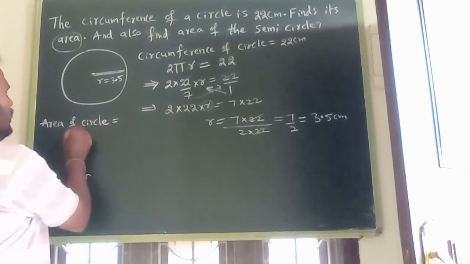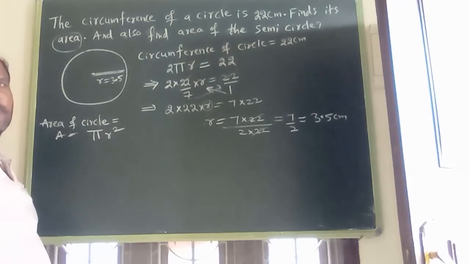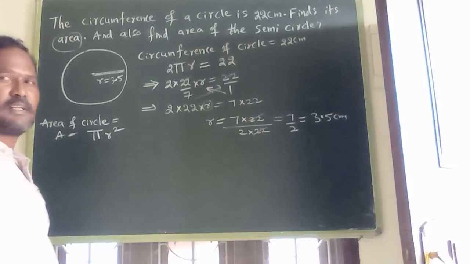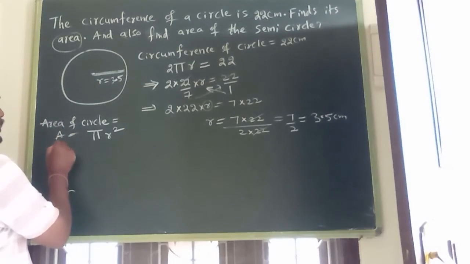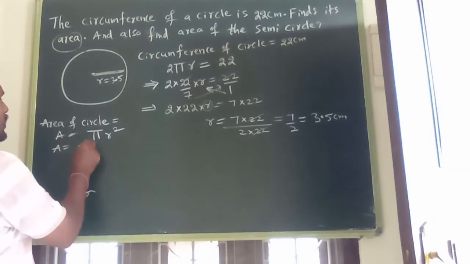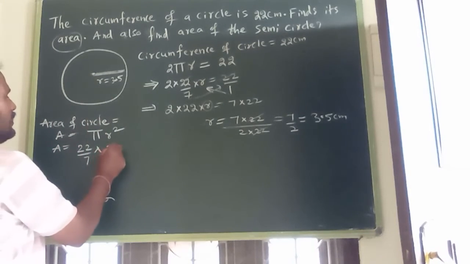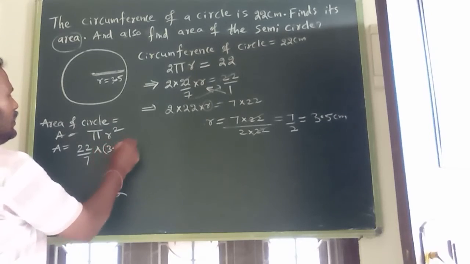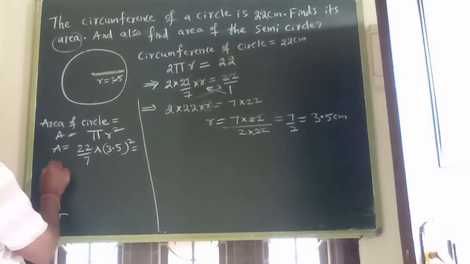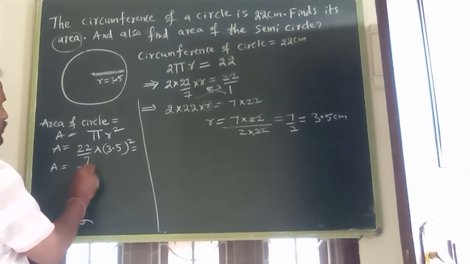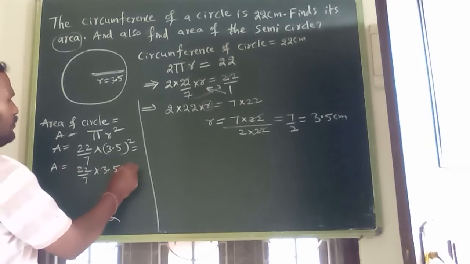So the area of the circle is A equal to pi r square. Pi means 22 by 7, and the r value is 3.5, so 3.5 whole square. A is equal to 22 by 7 into 3.5 into 3.5.